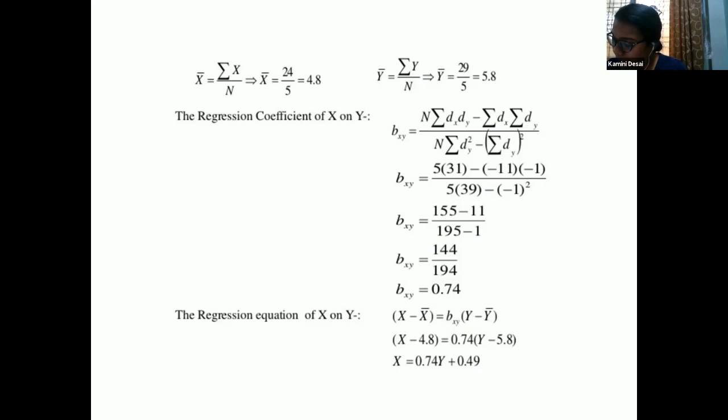X is equal to... now minus 4.8 comes to this side, so it is plus. 0.74y minus 4.2 plus 4.8. Minus becomes plus. Four point two plus 4.8.